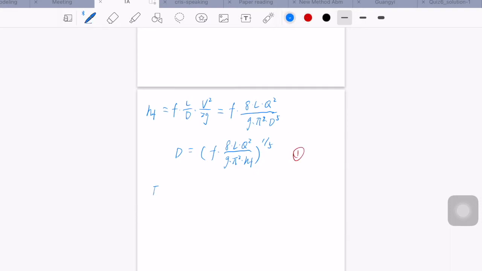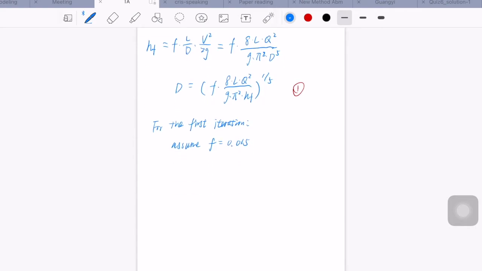And for the first iteration, we'll assume f is 0.015, and we know the length is 87 feet. Q is 2 cubic feet per second, and we know the maximum head loss is 3 feet.